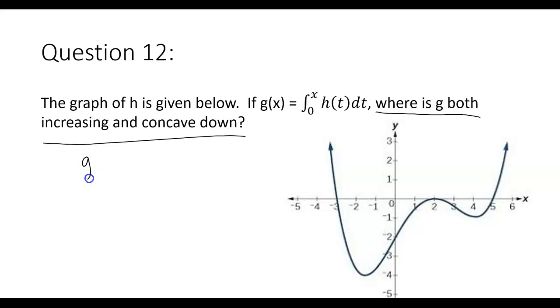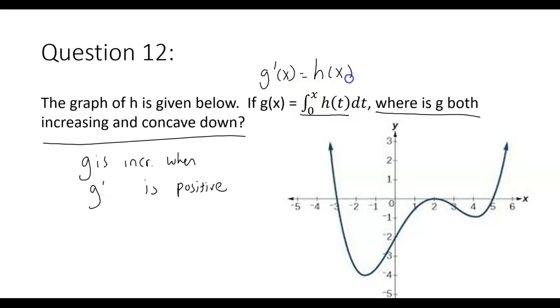So g is increasing when g prime is positive. Okay, so what's g prime? Well, g prime would be the derivative of this function here, which is simply h.